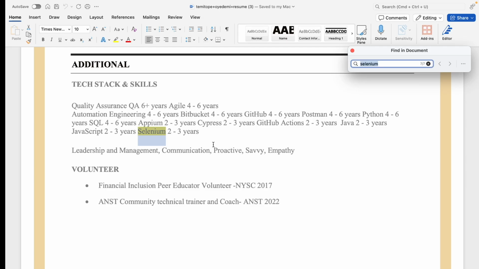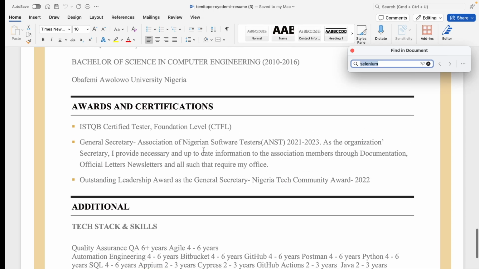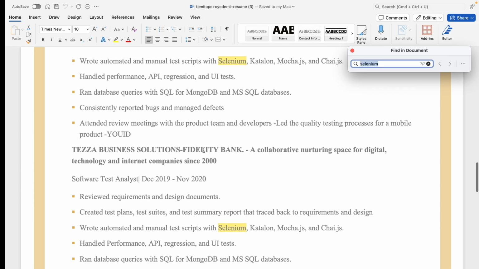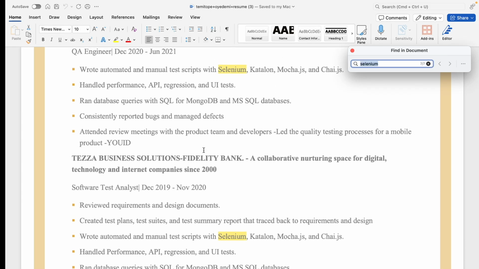So just also know that it's not only your hard skills we want to see, we also want to see your soft skill set, right? So even while talking about soft skills, they also have to reflect all through your resume, right?